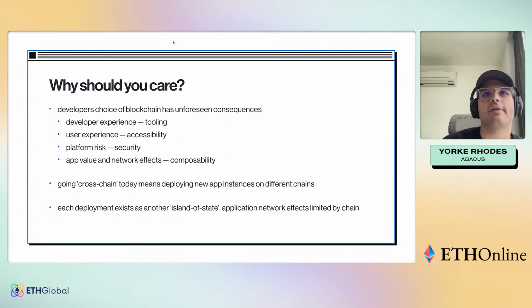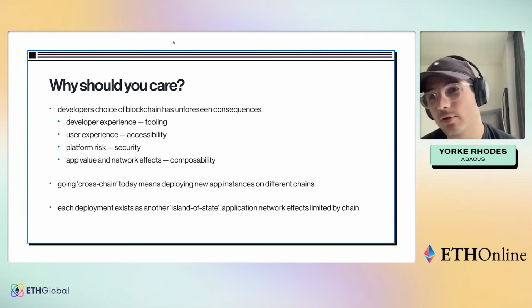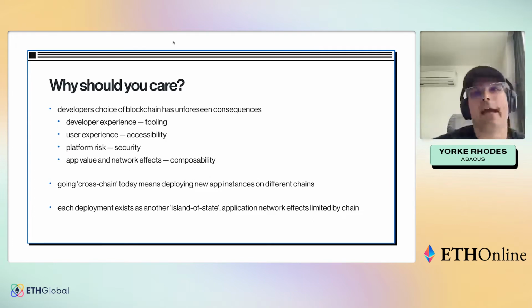But the way this happens operationally today is, say, a Uniswap DAO votes to deploy a new application to reach a certain user demographic, but these new deployments exist as individual islands of state. And so this doesn't directly solve the network effects that are limited by a single chain context.